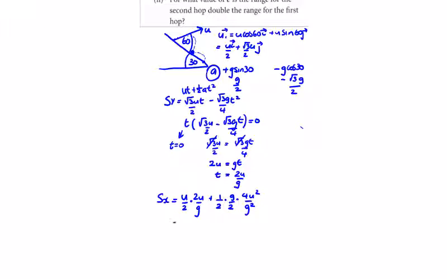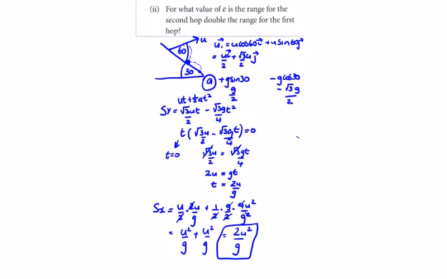So the 2's will cancel, just u squared over g, plus the 2's will cancel with the 4 and the g with one of the g's, so we get u squared over g as well, which is equal to 2u squared over g for the range in the x direction to the first hop.